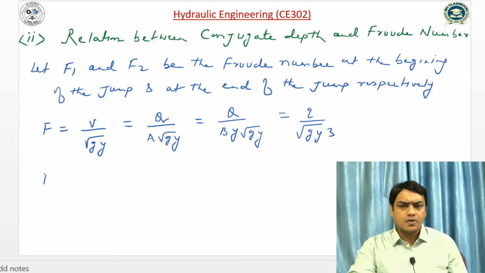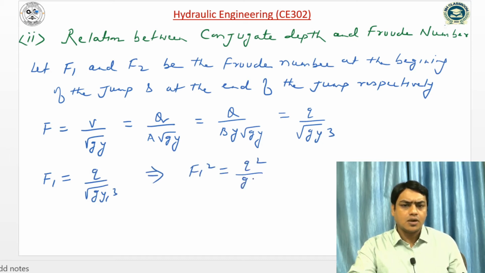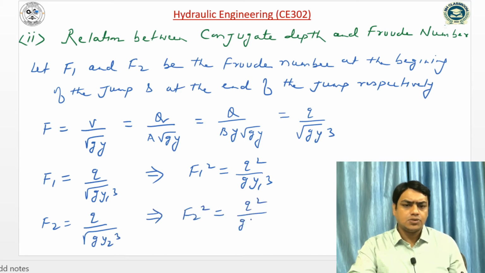So here Froude number F1 can be written as q by square root of g y1 cubed, or F1 square is equal to q square by g y1 cubed. Similarly F2 can be written as q by square root of g y2 cubed, or F2 square is equal to q square by g y2 cubed.